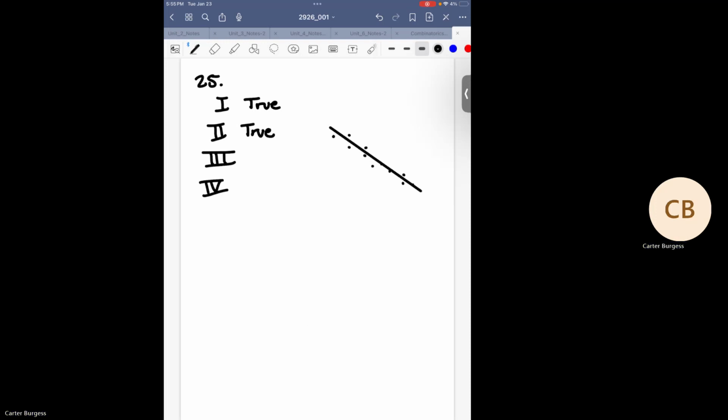Something like this, right? So that negative trend will in fact result in a negative slope, and so that is true. Likewise, a positive trend will result in a positive slope. So definitely true.